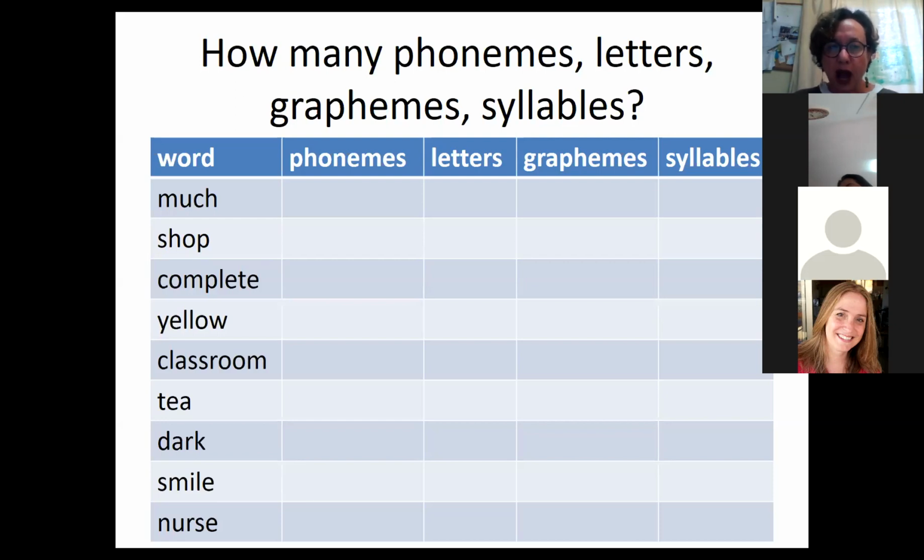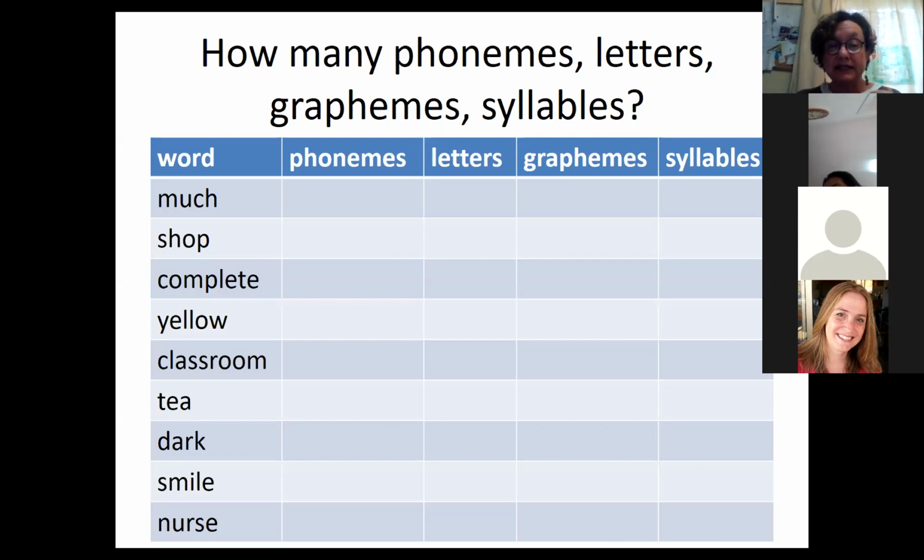We could do the same with shop, but say we take a word complete. Firstly, if we break it up into phonemes, it's going to be k, a, m, p, l, e, t, complete. 7 phonemes, okay? How many letters? Again, no big deal, 7.